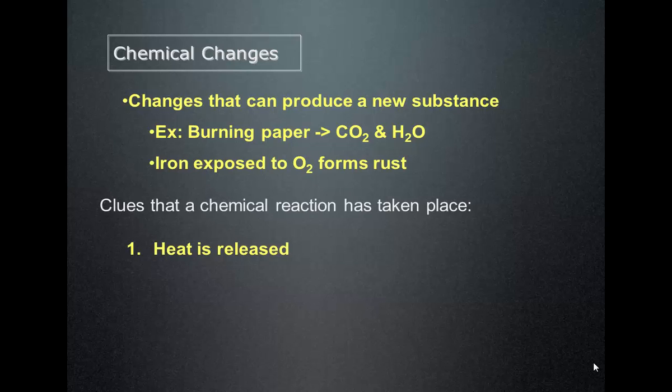That's a chemical reaction, a chemical change taking place. Sometimes gases are released and a substance bubbles. That's often a sign of a chemical change. Sometimes a solid forms out of two liquids, a precipitate.